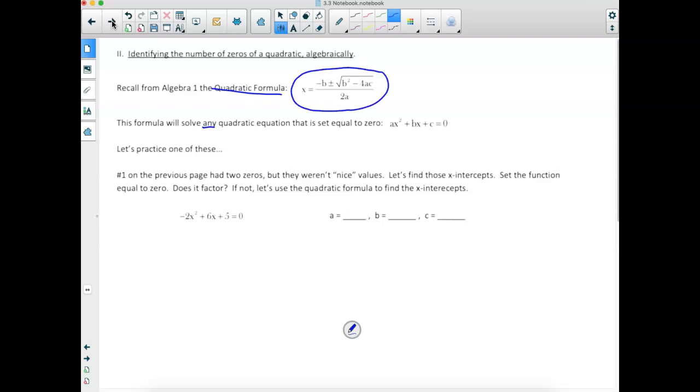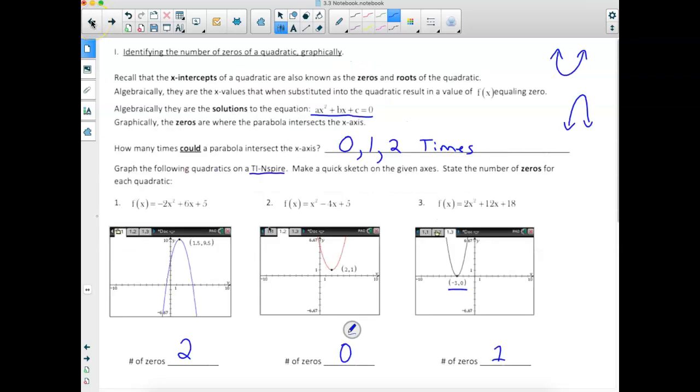Well, number one on the previous page had two zeros, but they weren't nice values. Let's just take a little gander at that. These are not nice values because they're decimals. They're the tweeners that I was talking about. And like number three, I know it's going to factor because it's got a really nice intercept.